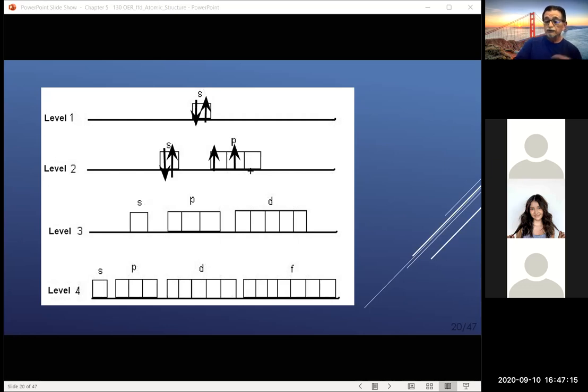From carbon, next door to carbon is nitrogen. Now we'll fill that up. Nitrogen has 7, right? 7 electrons. From nitrogen, next door is oxygen. Now we fill up the other box. Oxygen has 8 electrons. And then from oxygen, after oxygen is fluorine.